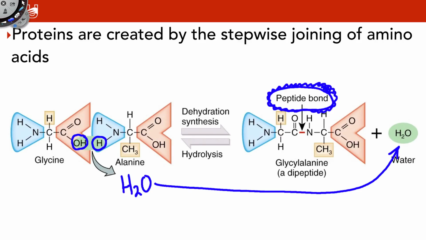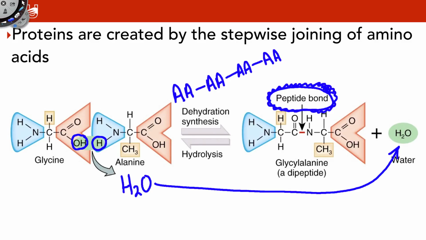Now imagine the same thing playing out hundreds of times. All right. What's going to happen? You're going to connect another amino acid here, and you're going to connect another amino acid here, and then another amino acid here. So you're going to do multiple reactions like this, and this will form a protein.